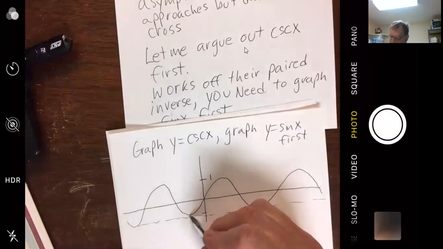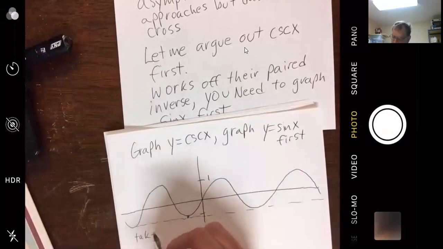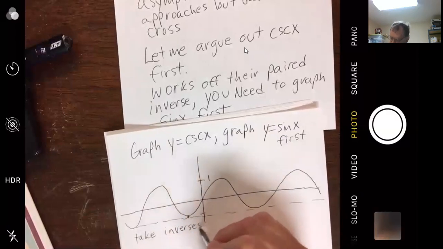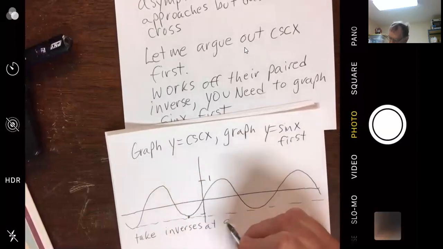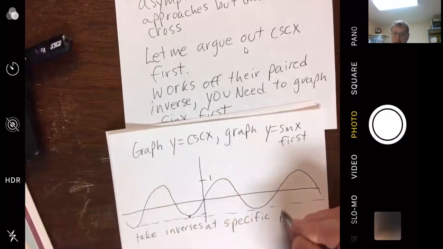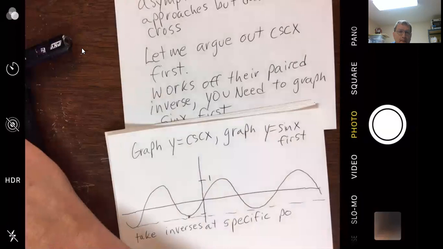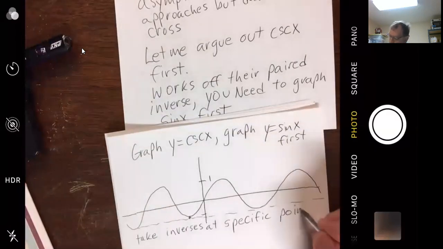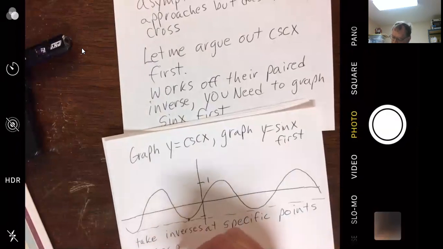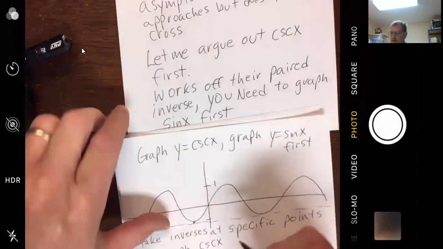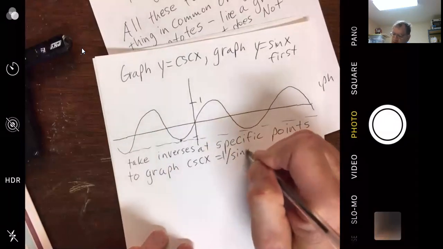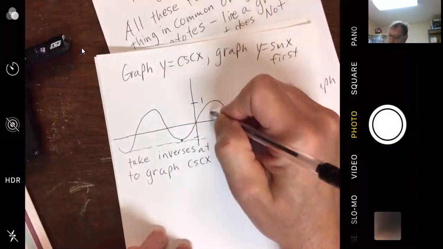Now I'm going to take inverses at specific points to graph cosecant, which is 1 divided by sine. This is directly sine x.